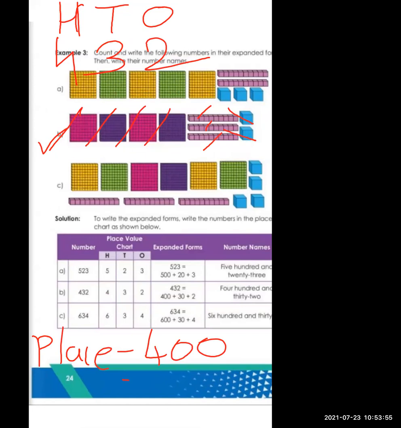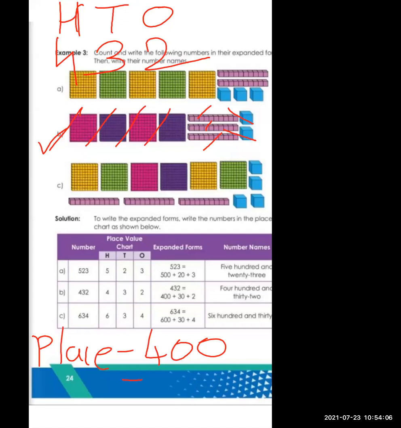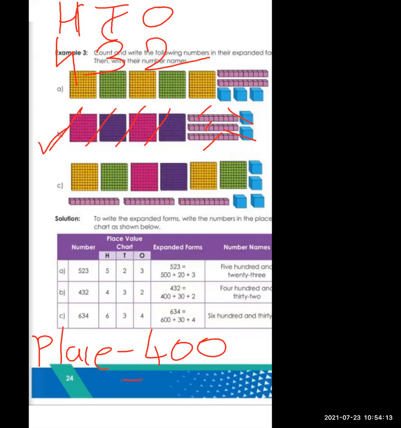What is the place of the 3? 3 का place क्या है? 3 tens. 3 tens means what? 30.